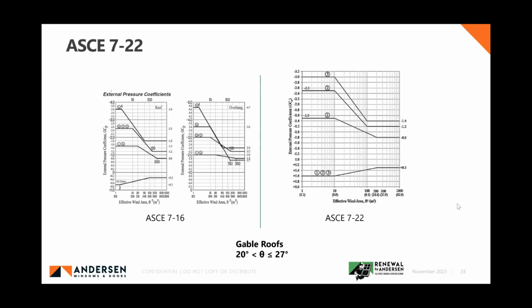This is just one example here. These pressure coefficients directly affect the design wind pressure. So as you can see, this is also for gable roofs of 20 to 27 degrees.